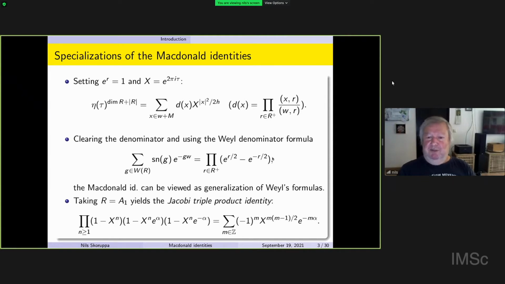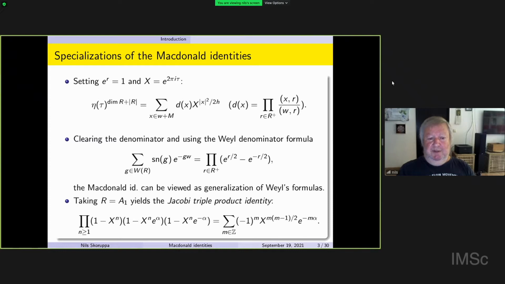And that's how Macdonald already puts it in this paper in the very beginning. His identities can be viewed, as he says, as a generalization of this Weyl denominator formula. And indeed, sometimes these Macdonald identities are nowadays also called the Kac-Weyl denominator formula, because there's also an interpretation, like for the Weyl denominator formula, as a proof from Kac-Moody algebra theory and representations of those things.